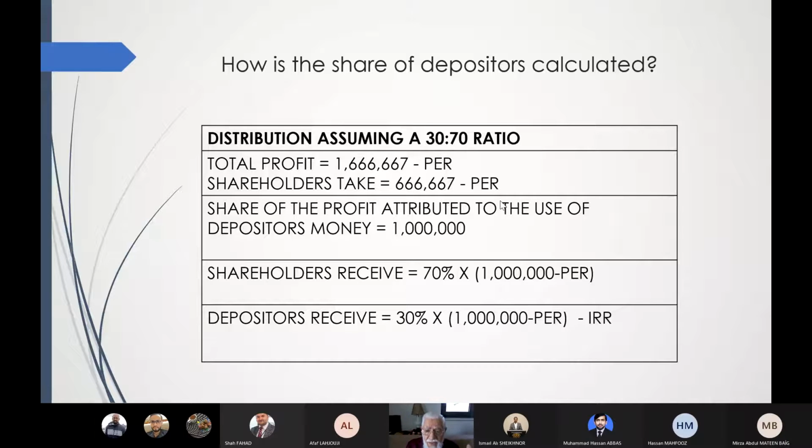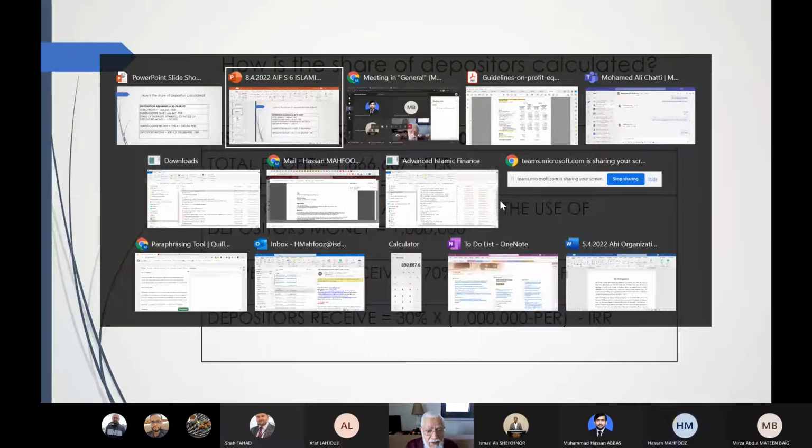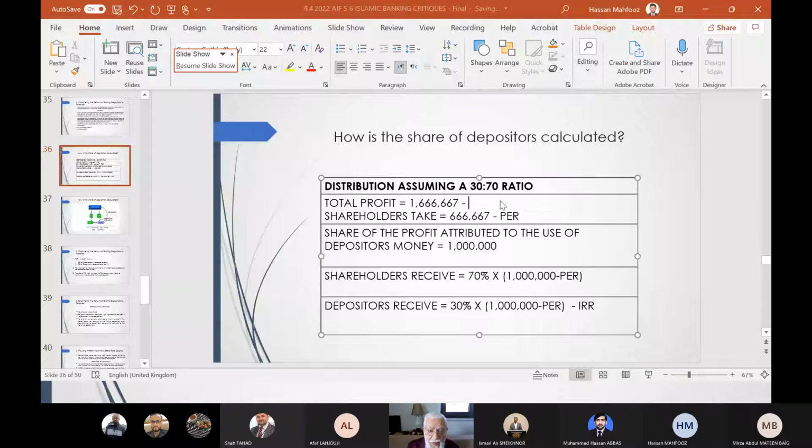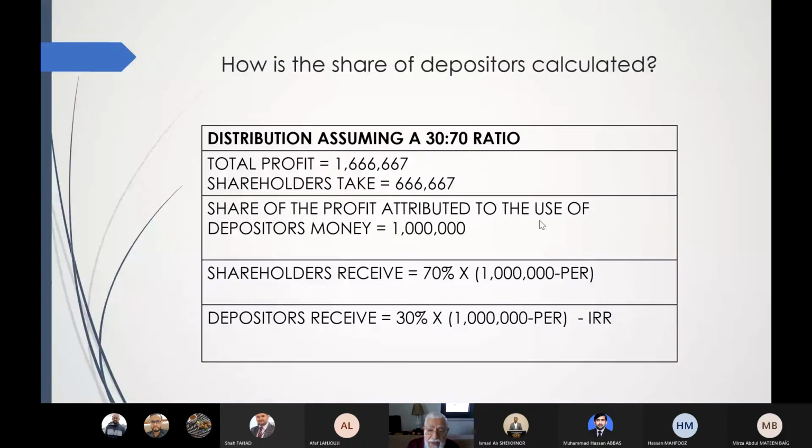And the share of the Mudarib in the PER is not adequate to support the distribution to the shareholders in bad years, because it's much smaller than what may be needed for the shareholders. So anyway, I wouldn't go for that. I still argue that the PER based on the displaced commercial risk should be taken from the total profit.